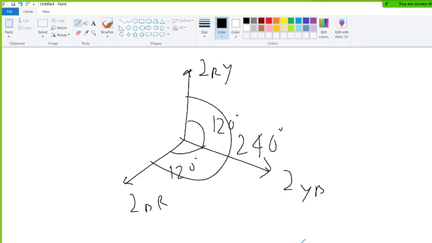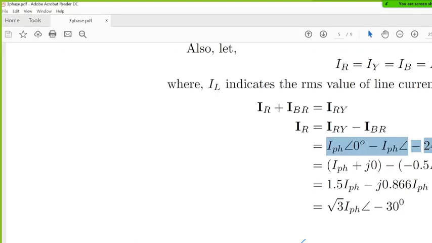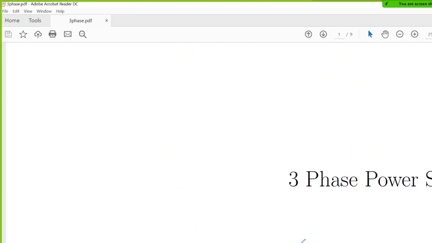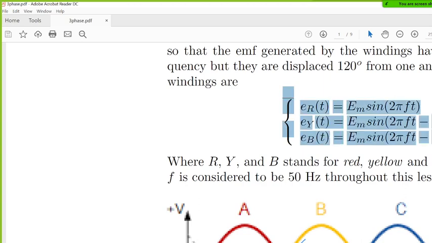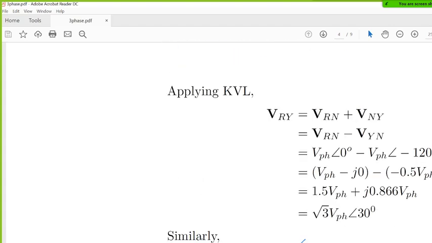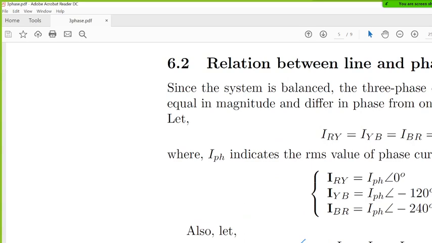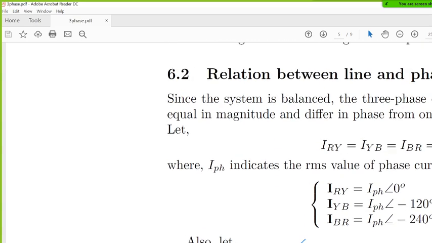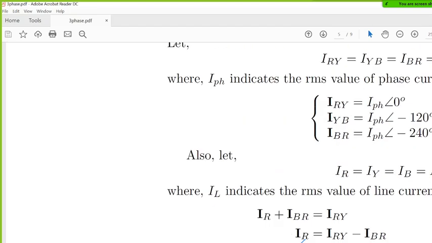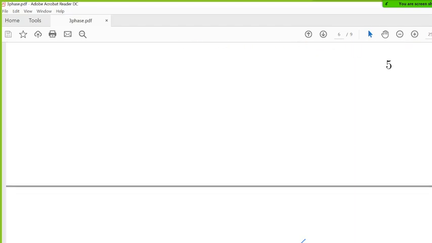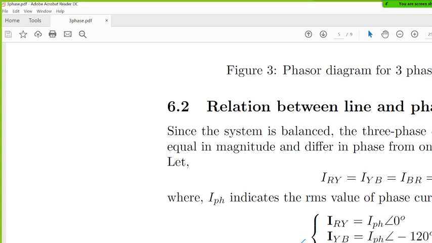That's what we have used. Right? Correct? See here.